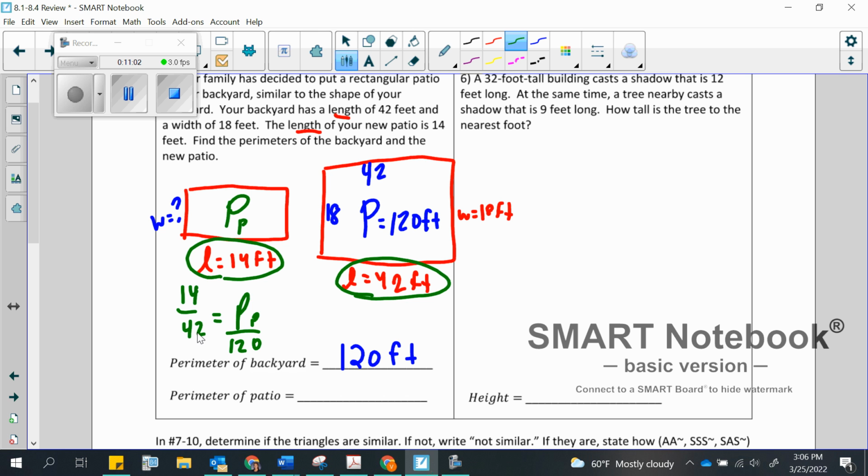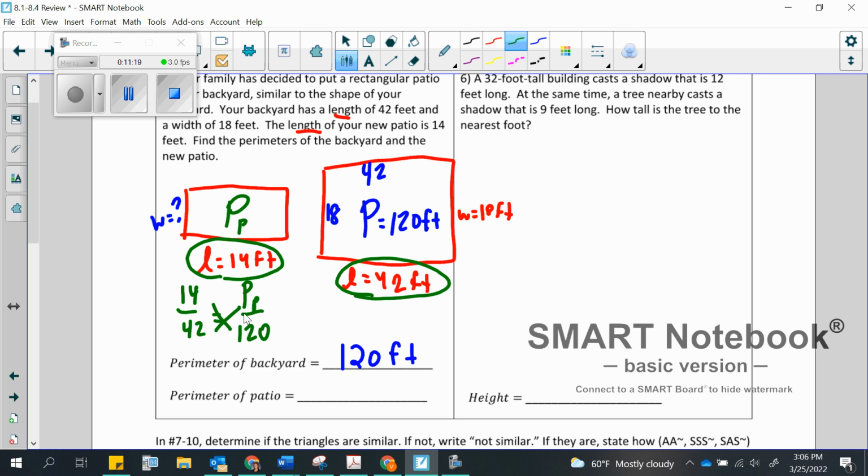So I have 14 over 42 equals the new perimeter I'm trying to find, the perimeter of my patio, over the perimeter of my backyard. It's the same thing: length over length equals perimeter over perimeter.